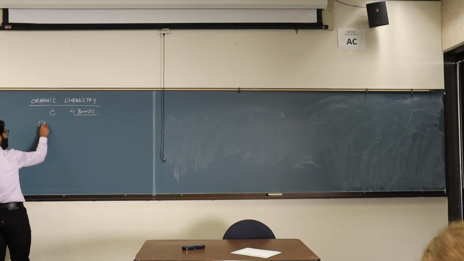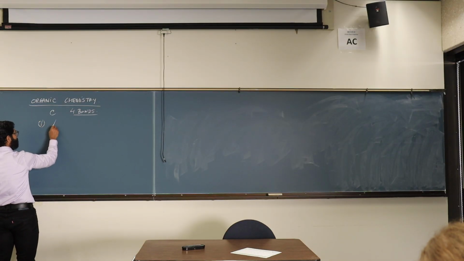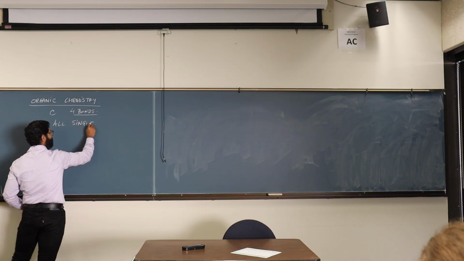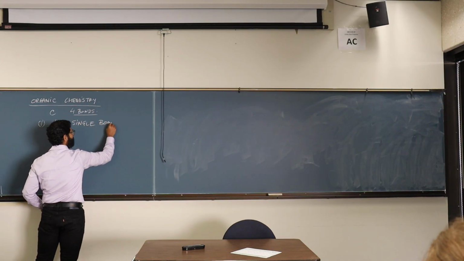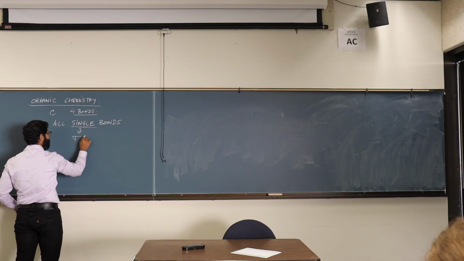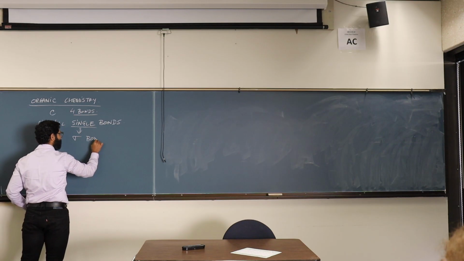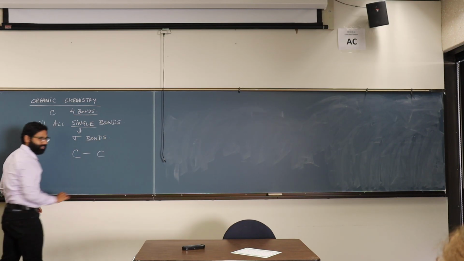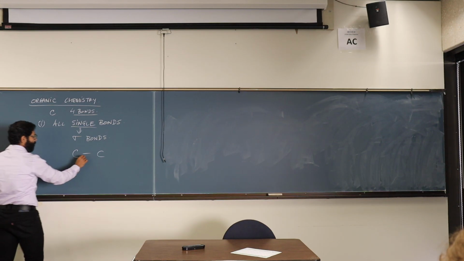So one case is all single bonds. And these single bonds are called sigma bonds. Because when one carbon comes and attaches to another carbon, what happens?